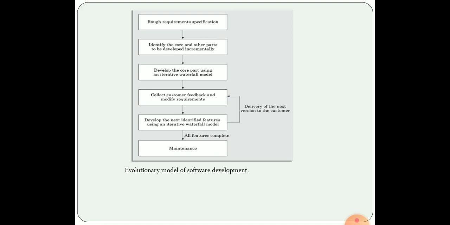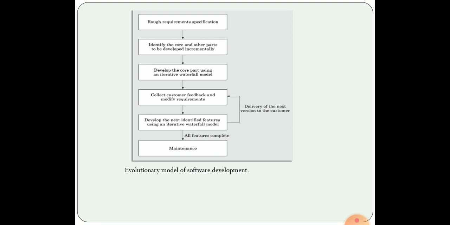And when all such developmental processes are complete, the software will be delivered to the customer. And from there, the maintenance process begins. So this is the working model of the evolutionary software development model.